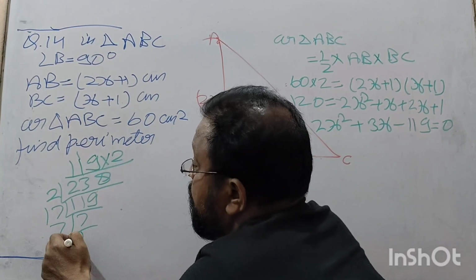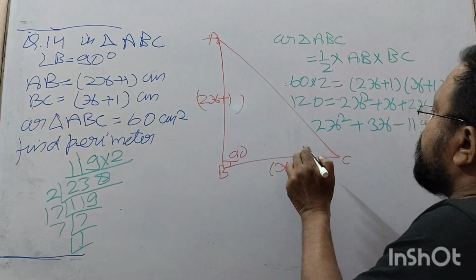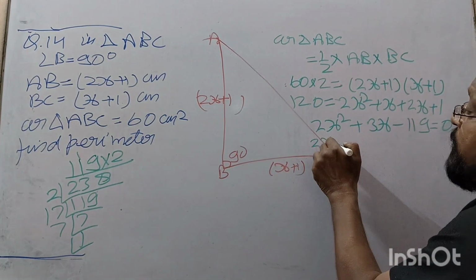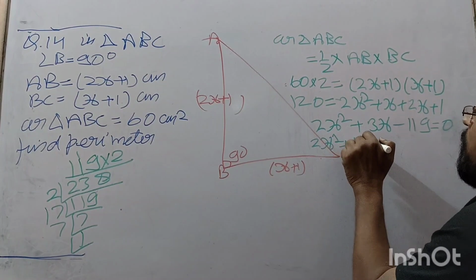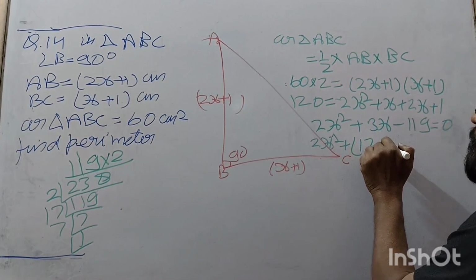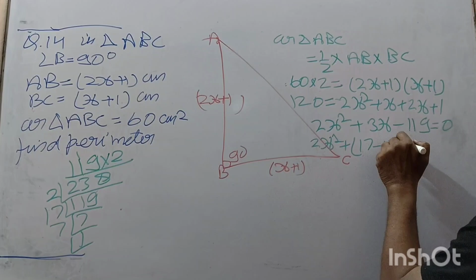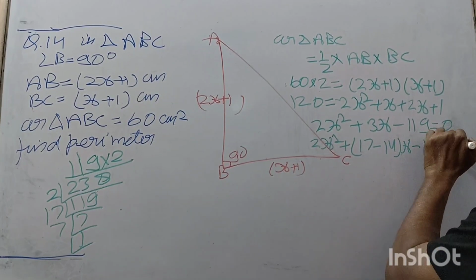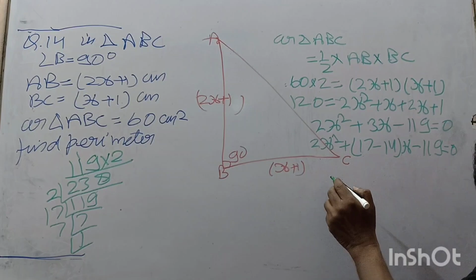So we can write here 2x square plus 17 minus 14x minus 119 is equal to 0, right?